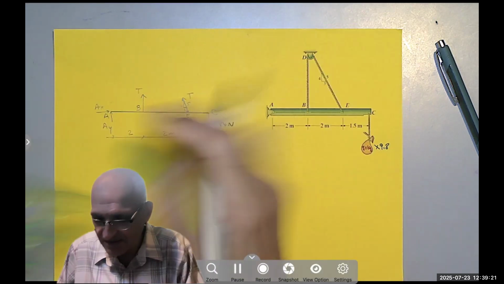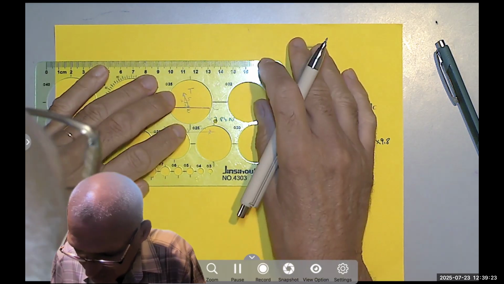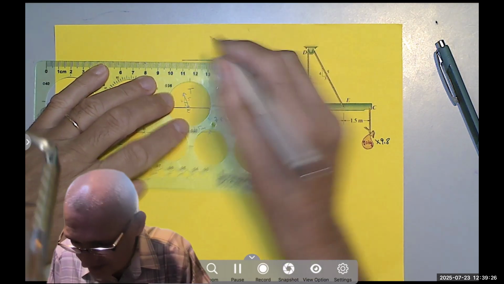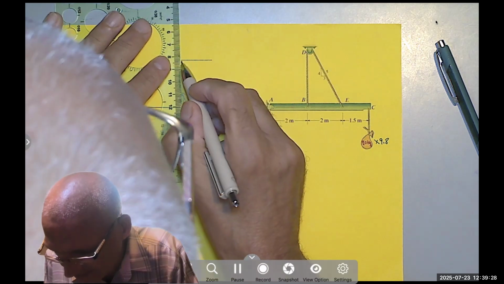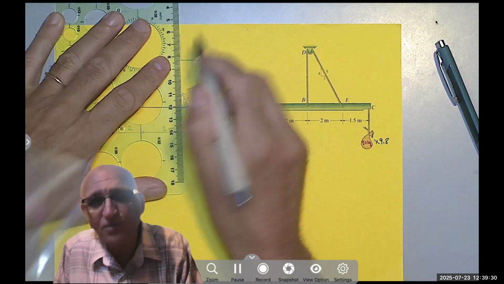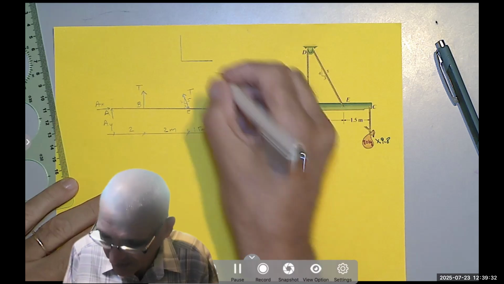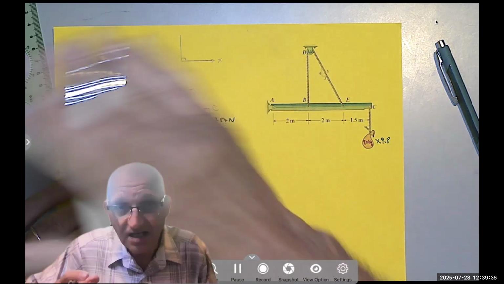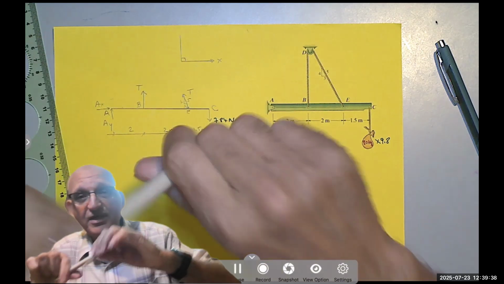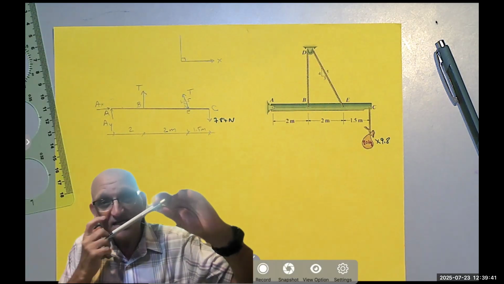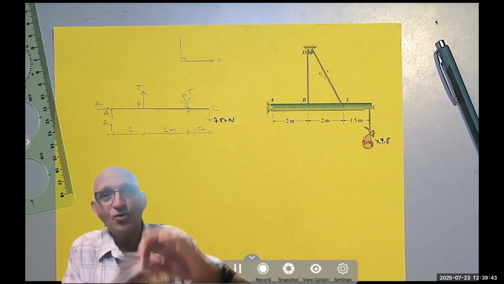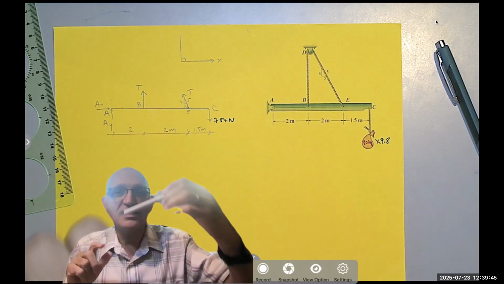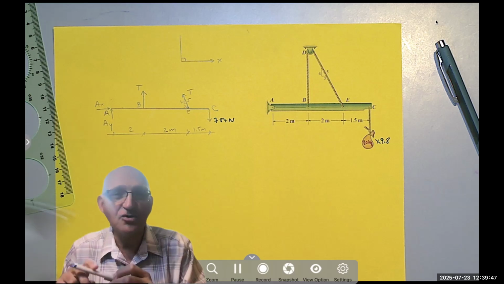Yes, the coordinate system. I'm going to use the horizontal as x and the vertical as y. In other problems, especially when we start working with friction on inclined surfaces, we may use the incline as our x and the normal to it as the y, because most of the forces are either on the incline or on the normal.